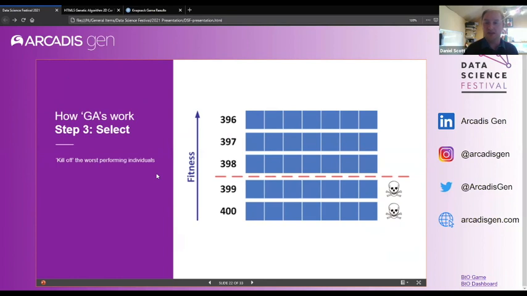Now, the reason it's important is if I remove too many individuals from the generation, there'll be certain characteristics that didn't work out particularly well for that individual in that particular race, but actually, if passed on to an offspring and combined with some other key attributes, could have given birth to a really, really good racer.